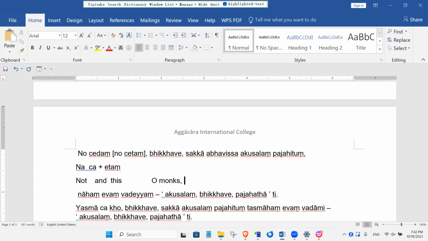O monks, it is able, maybe you can say would be. This one is a conditional. You will learn later, right? Conditional mood. Okay. Would be unwholesome to abandon. Okay.